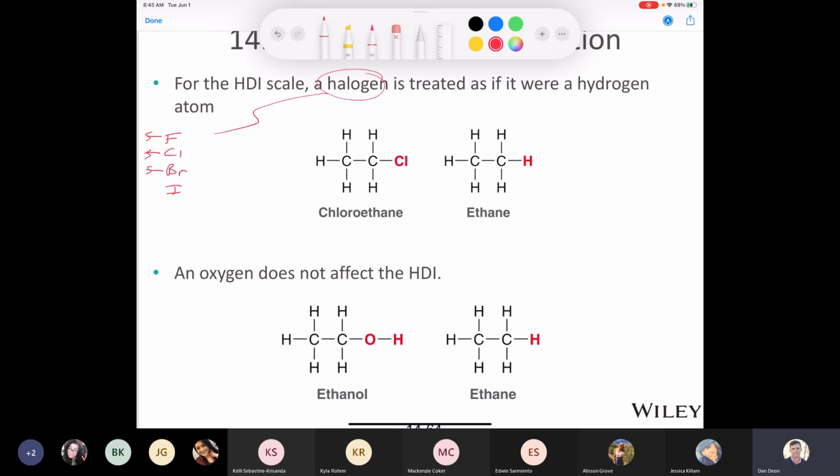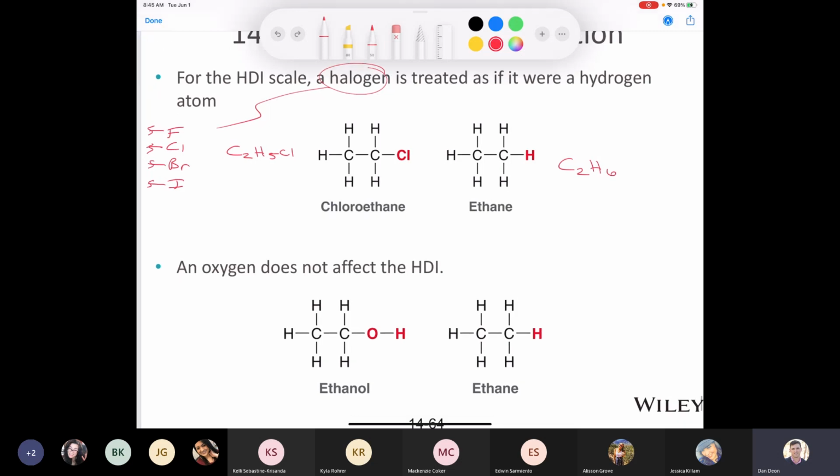Now, what other atom always has one bond? Hydrogen. So you can treat a halogen on the HDI scale as if it were like a hydrogen. Treat it the exact same way. Right here we have C2H6. Here we have C2H5Cl, but you can treat it just like it's C2H6. Why? Because the chlorine is just like a hydrogen.